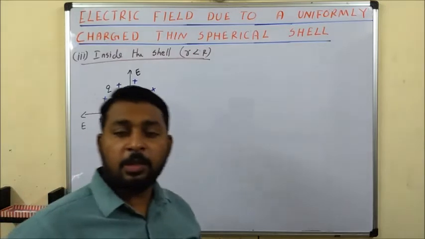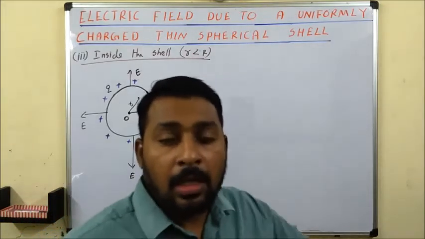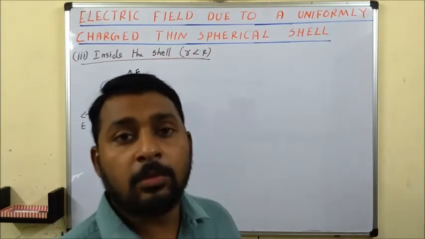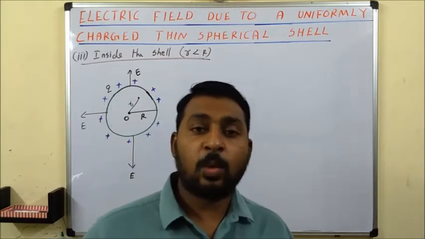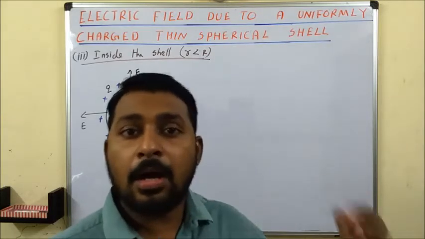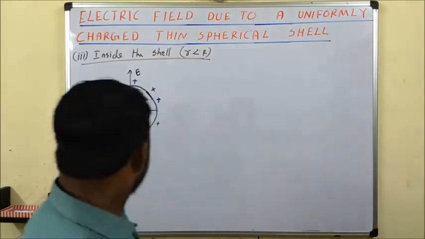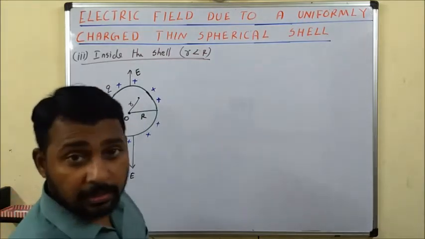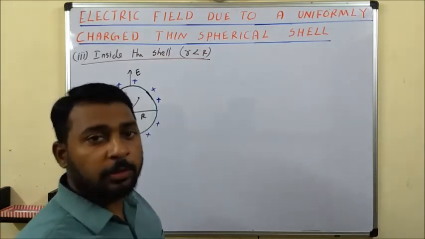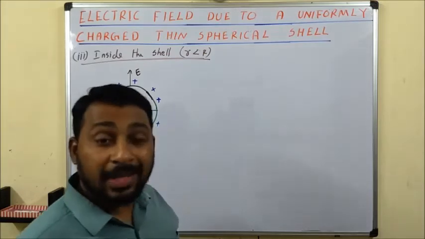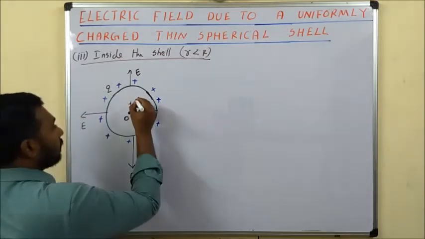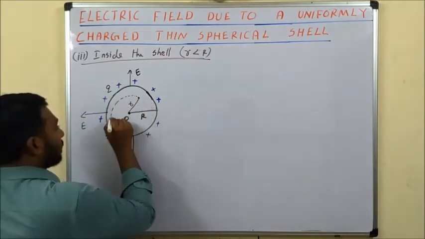Now you have to use Gauss's theorem. So let us imagine a Gaussian surface where point P is a part of that Gaussian surface. Again, a sphere is the most convenient one, so we imagine a spherical Gaussian surface.